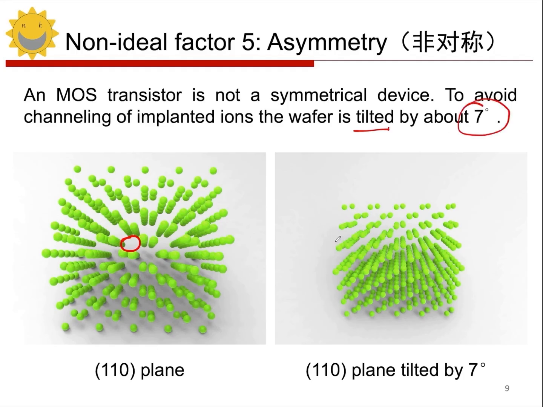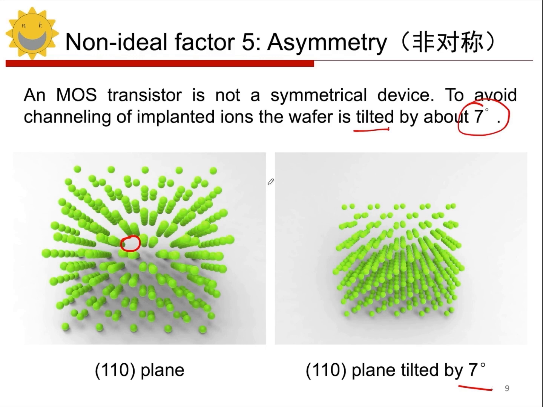That is, we tilt our 110 crystal plane by 7 degrees, or the direction of our ion implantation is tilted by 7 degrees. In short, the direction of the ion implantation should form an angle of 7 degrees with the 110 plane.